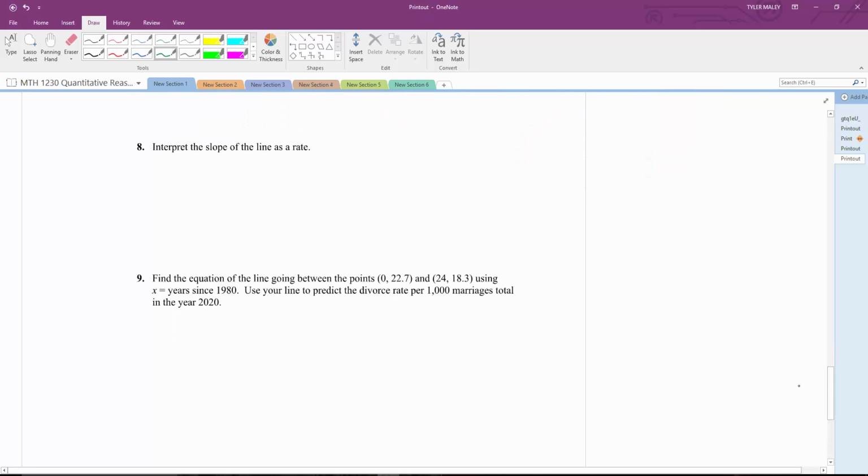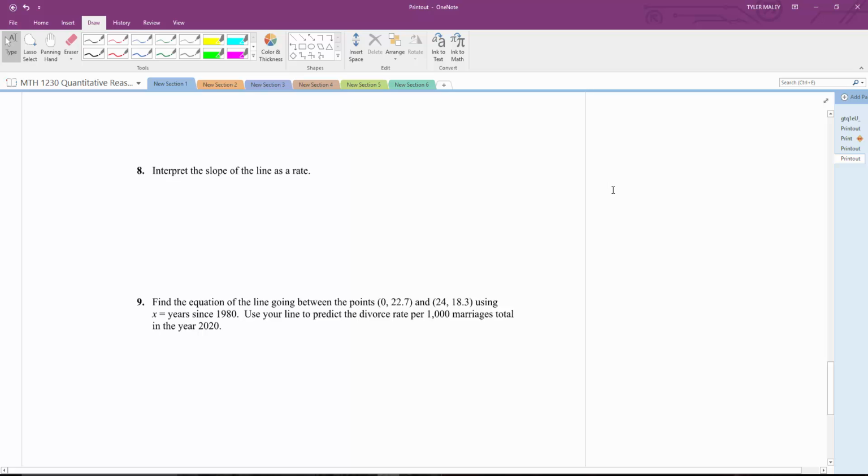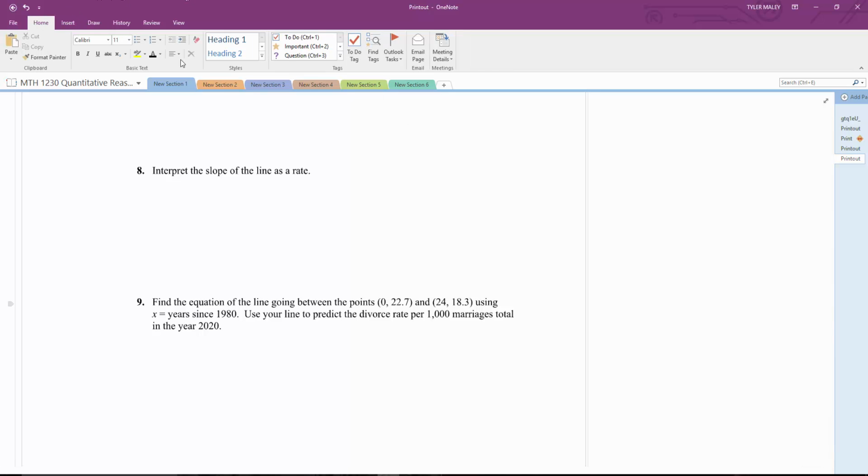So now number 8 says interpret the slope of the line as a rate, right? So the slope of the line was 0.1714, right? So interpreting that, we could say, oops, I'll have to type it off here to the side. So let me type off to the side and I'll make the font large.